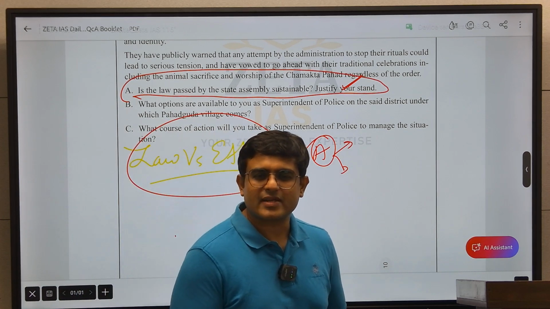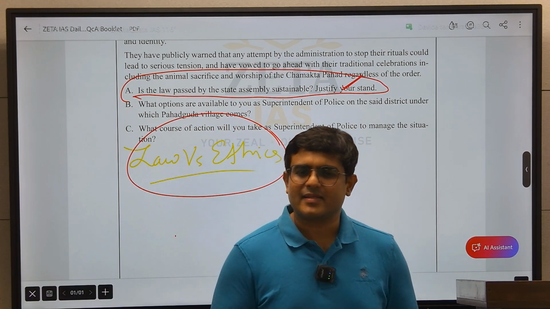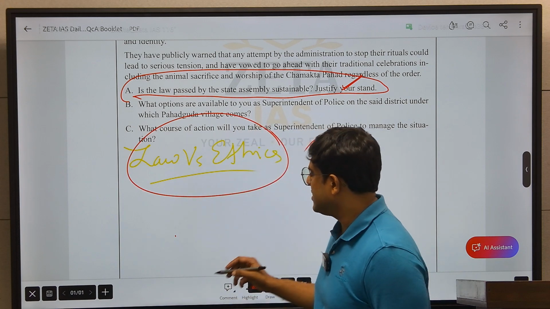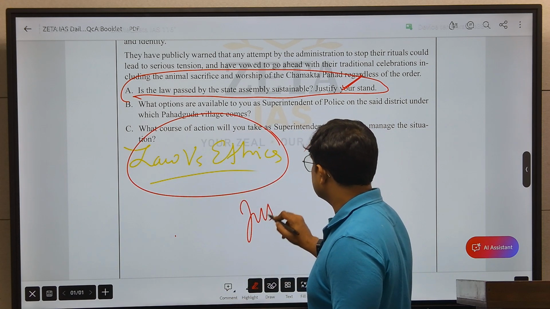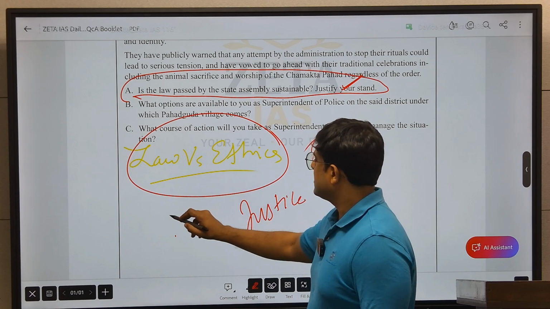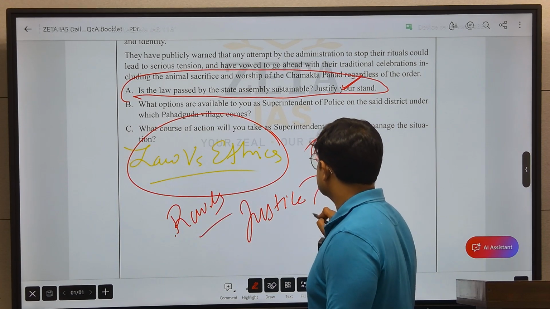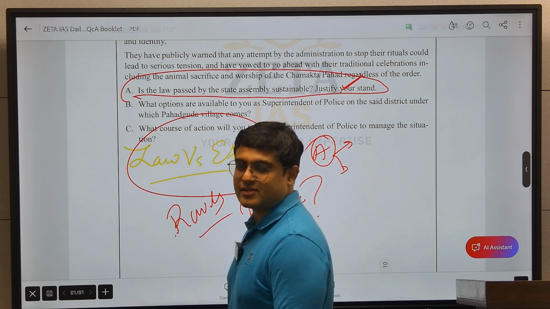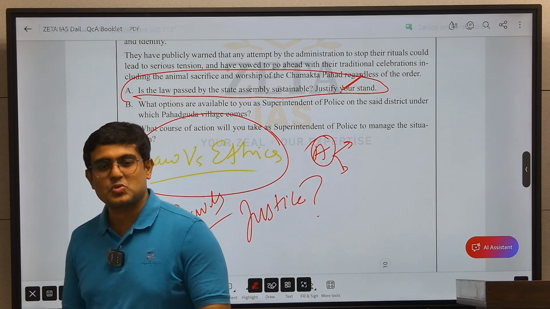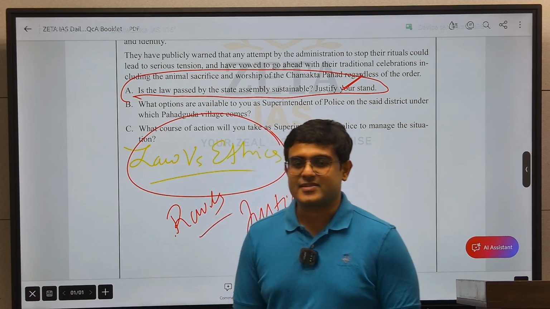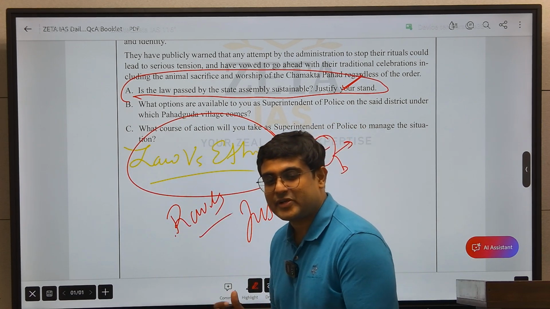So again, it goes against Kantian ethics. Then you can connect with the theory of justice of John Rawls. So what about justice? Justice to tribals. Rawls said there should be justice based on two principles, equality and difference. There is a violation of the equality principle as well.